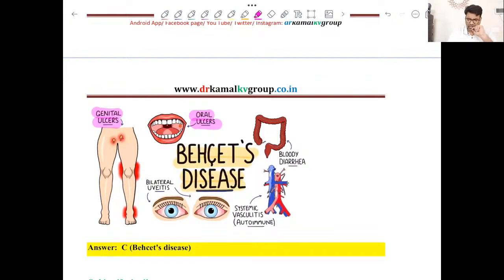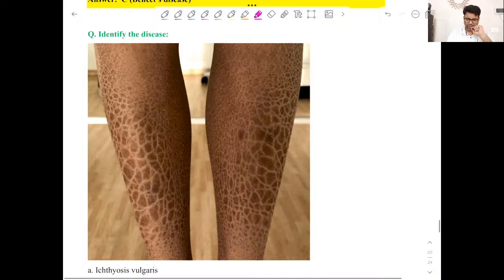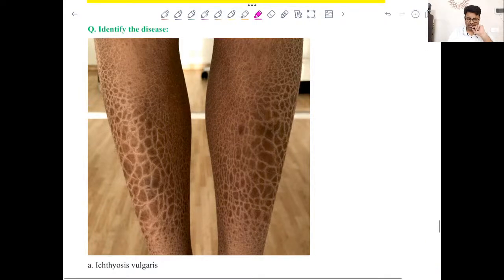And it might be supplemented by keywords like uveitis or bloody diarrhea, right? So this is Behçet's disease. Now identify this condition, and here you can see crocodile like skin.